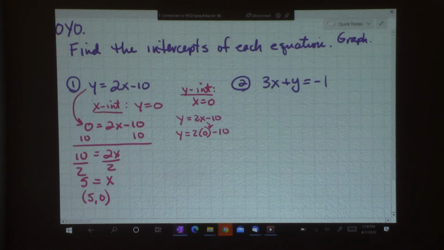So 2 times 0 is 0, and y equals negative 10. Don't forget, you can't drop the minus there. Be careful. There still is 0 minus 10, and 0 minus 10 is negative 10. All right, so my y-intercept is 0, negative 10.